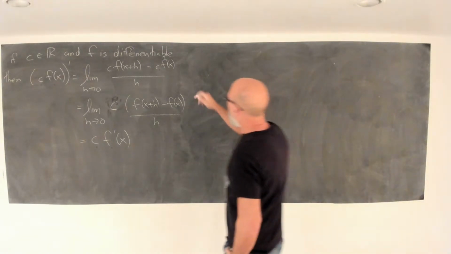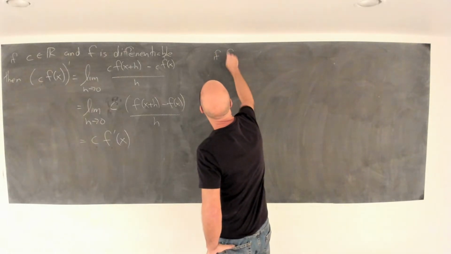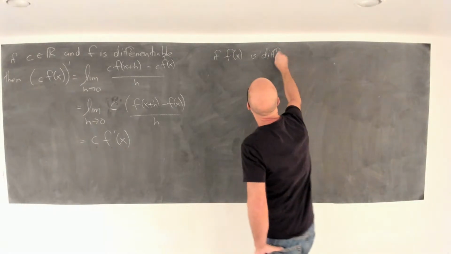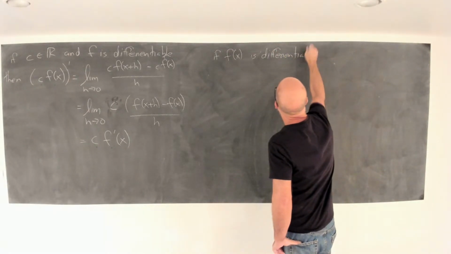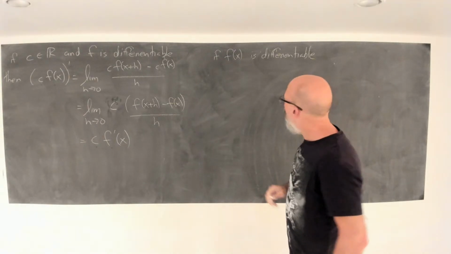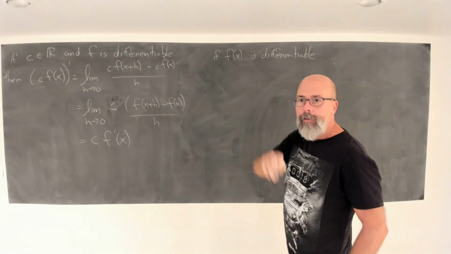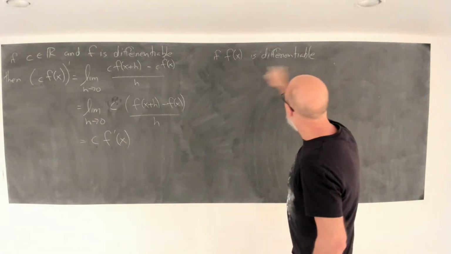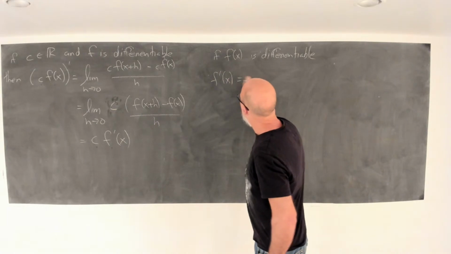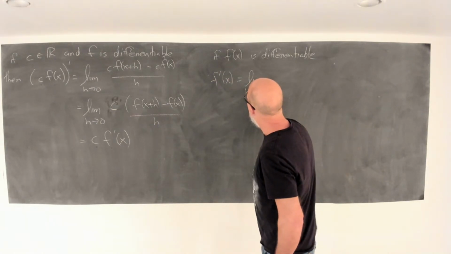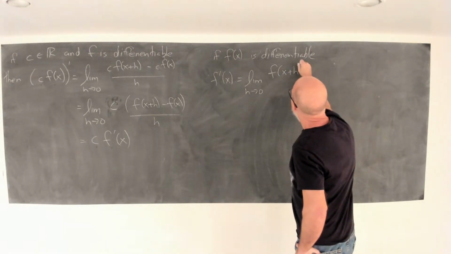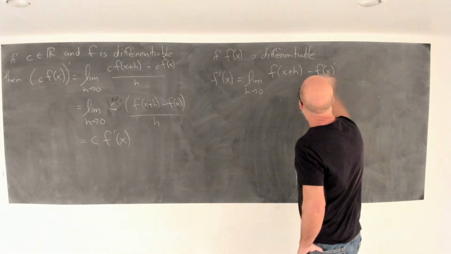However, let's go back to if f of x is differentiable. And to answer Maxwell's question, what makes a function differentiable? A function is differentiable if its derivative exists. So if this limit exists.